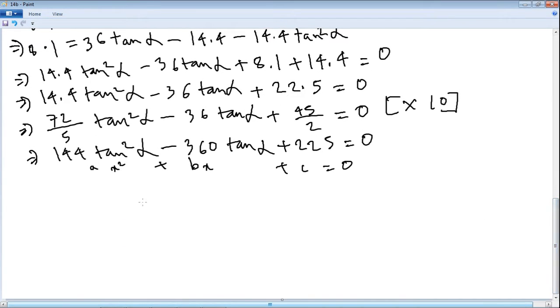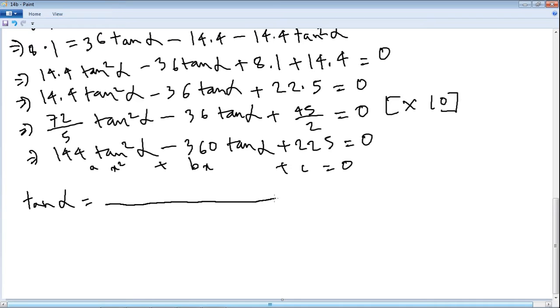So now what I'm gonna do is solve by the general formula, or you can do it by the middle term or factorizing. You can also solve by factorization, but I'm gonna do it with the general formula.